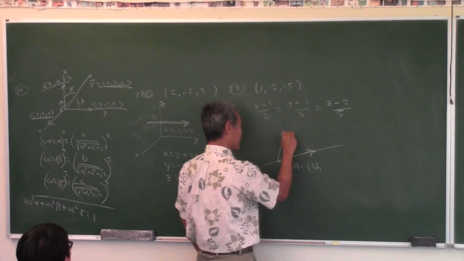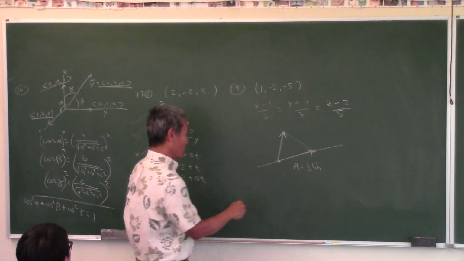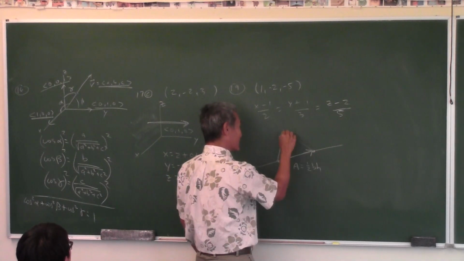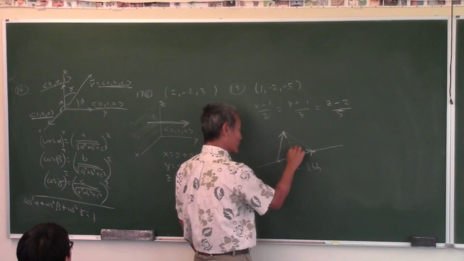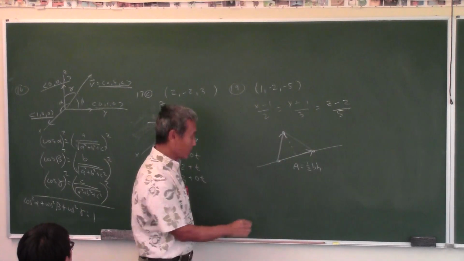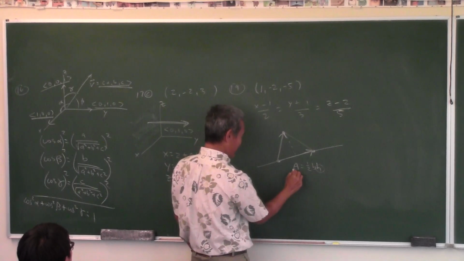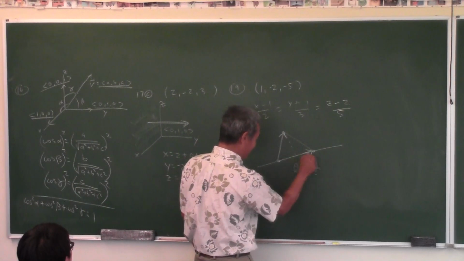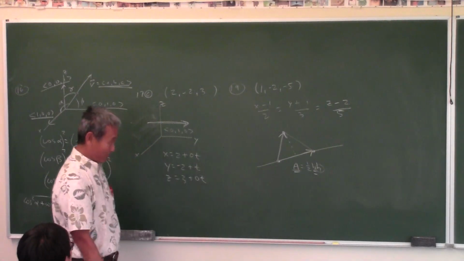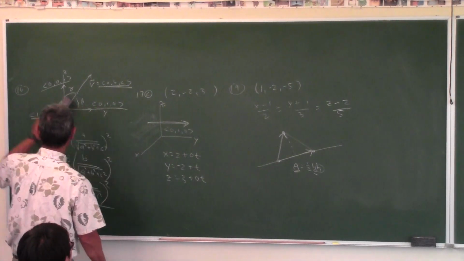The distance between the point and the line would simply be the height of this triangle. So what you need to do is find the area and the base, and just use that formula. Okay, let's do it.